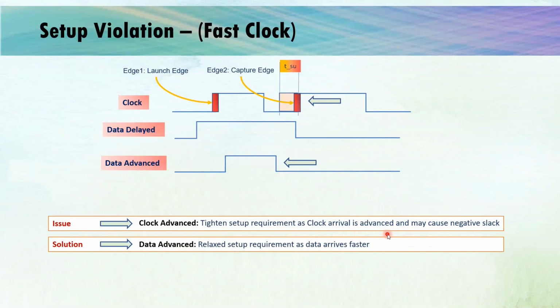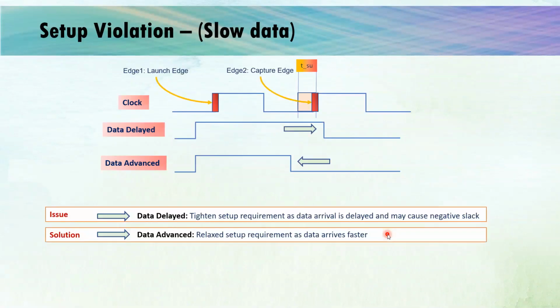So we have understood that if the clock is advanced or data is delayed, as we have seen in the previous slide, both act as a tightened setup requirement. On the other hand, if data is advanced, then it acts as a relaxed timing requirement. It helps the setup requirement in a positive way.